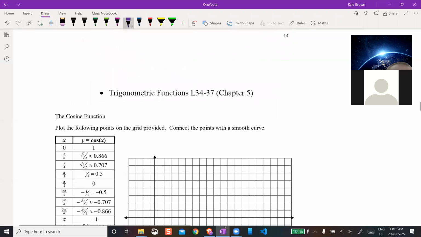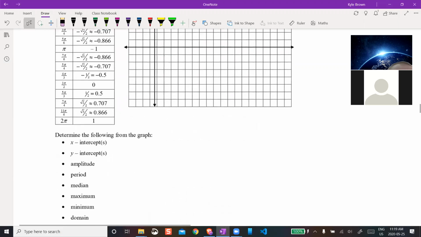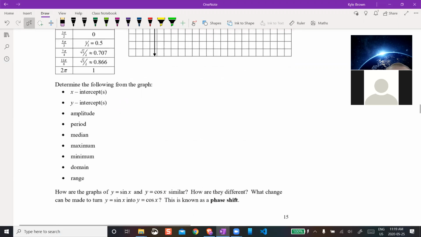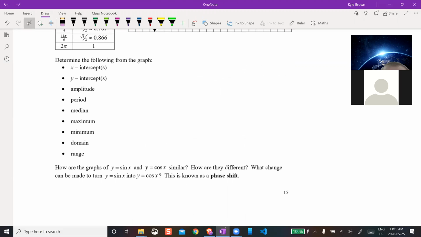So now the next one's the cosine function. I'm not going to do all the same. There's a lot of similarities, but for the sake of time, I'm going to skip past that. But this part does say, what's the difference really between a sine graph and a cosine graph? You can think about this as a phase shift.